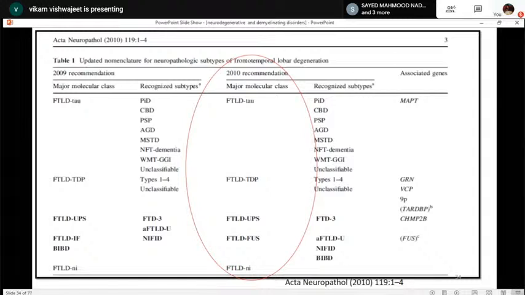Then frontotemporal lobar degeneration with fused in sarcoma, which includes atypical frontotemporal lobar degeneration, then NIFID, which is neuronal intermediate filament inclusion disease, and then BIBD, basophilic inclusion body disease. So this is the molecular classification of the different diseases included in frontotemporal lobar degeneration. FTLD-NI indicates no inclusion.